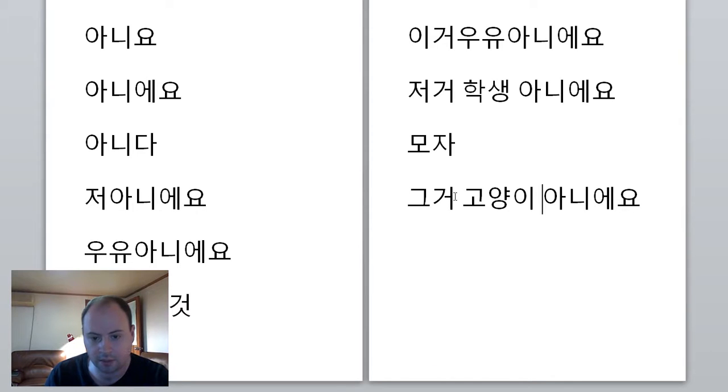It's important, I find, to make sure you learn where these spaces are. It's so easy for everything to blur together into a whole mass, and then you don't know what is what. 그거 고양이 아니에요. It is not a cat. There's another word here, 호랑이, which is tiger. That's interesting. So 고양이 is cat, but 호랑이 is tiger. I don't know if there's any particular reason why those words are so similar.